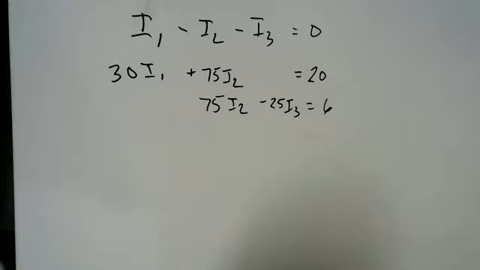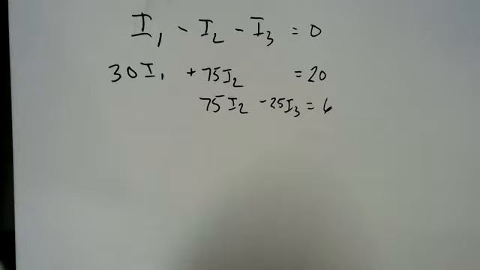So the trick here is we're going to solve, right? We're going to pick an equation and we're going to try to solve everything in terms of a single variable, right? And what we want to do is kind of isolate out things that we don't need.